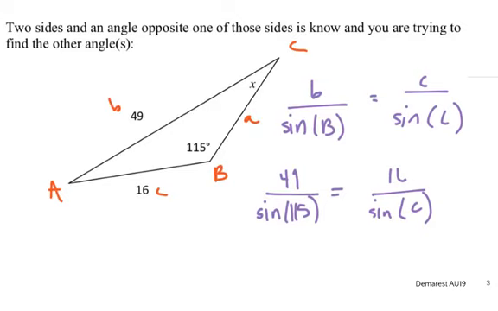Now, before we solve this, I want you to think, 49 over sine of 115. Even though it's got a trig function in there, that's actually just a number, right? Kind of like back when we did logs, where log of 5 is just a number. We can treat it like a number. However, we're not going to calculate out what 49 over sine of 115 is, because we would have to round, because it's going to be a decimal.